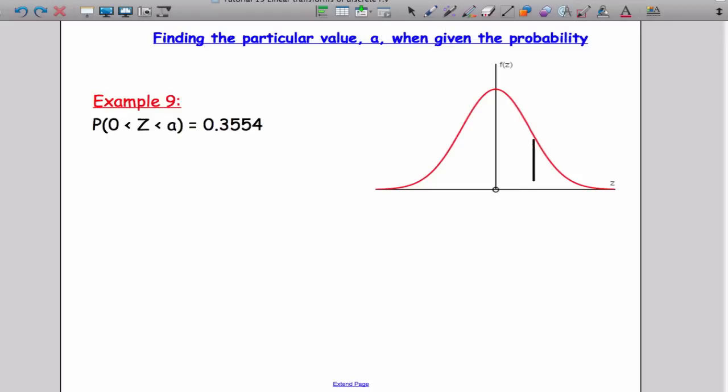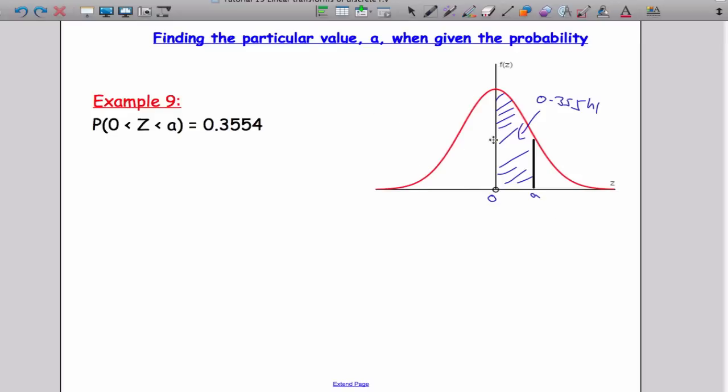So if I suggest that A is here, and this must be 0, I know that the area trapped in here has a value of 0.3554.